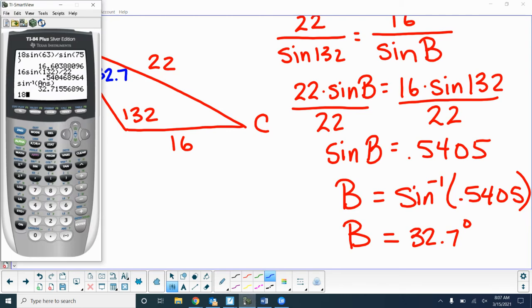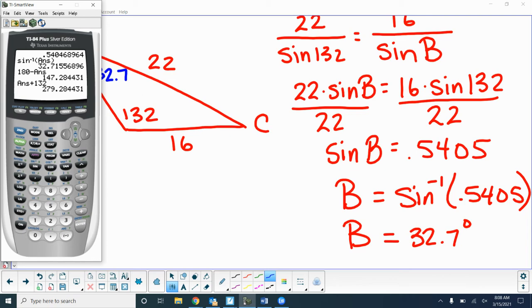The supplement of that would be 180 minus that. So I go 180 minus answer, which is 147. And you add the original to that. If I add 132 to that, I get a number that's bigger than 180. Since that number is bigger than 180, there's only one triangle in this problem.